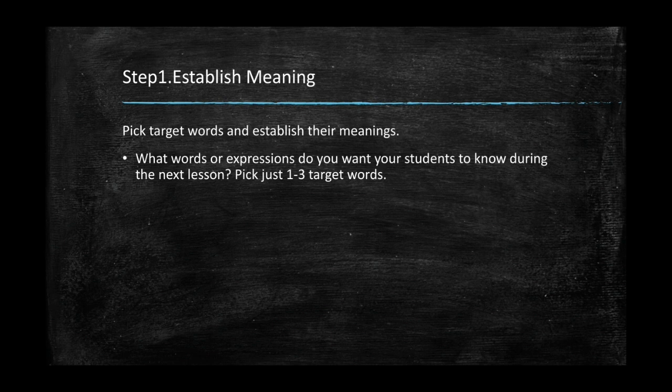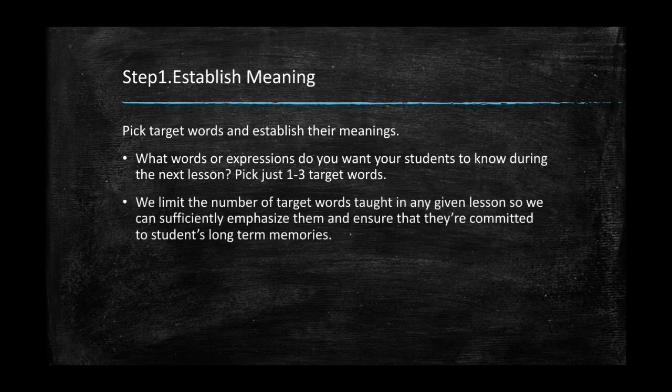Yeah, I know. We'll come to that in the next lesson objective, how to adapt your textbook for TPRS. Just be patient. We limit the number of target words taught in any given lesson so we can sufficiently emphasize them and ensure that they're committed to students' long-term memories.